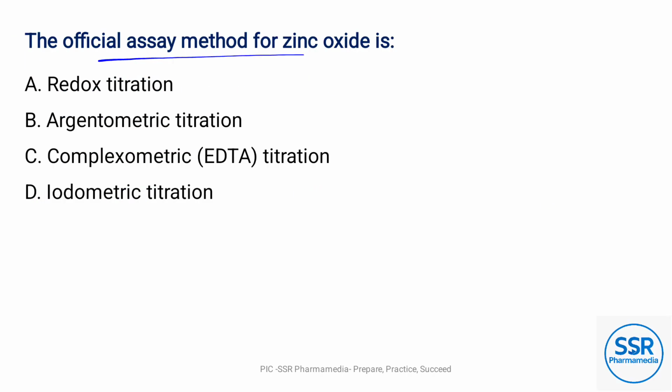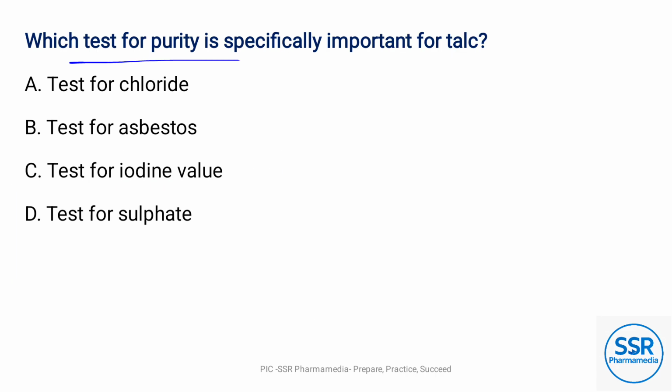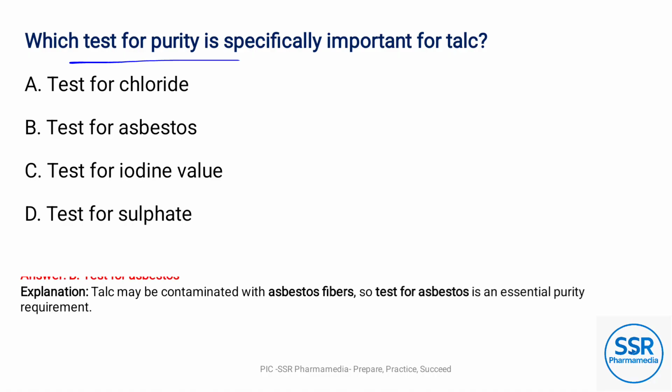Official assay method for zinc oxide is, option C, complexometric titration, because zinc is a metal ion. The metal ion is used in complexometric titration. Which test for purity is specifically important for talc? Option B, test for asbestos.